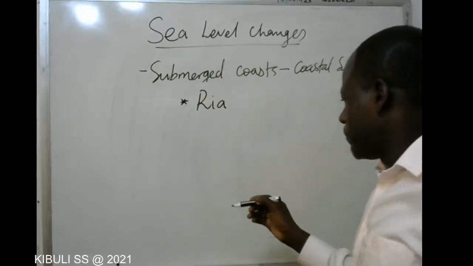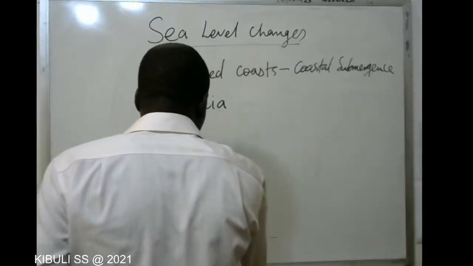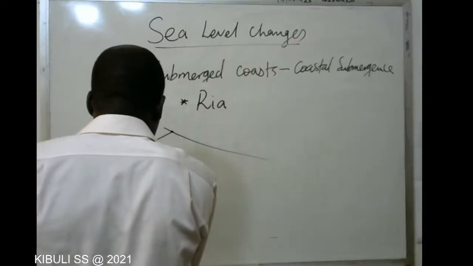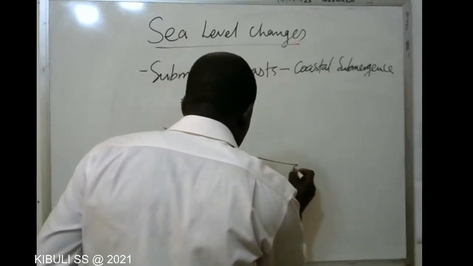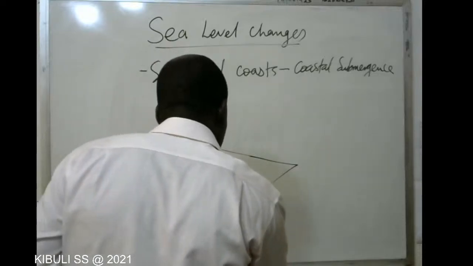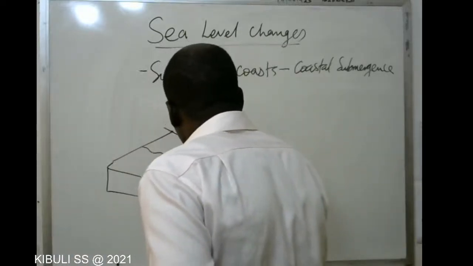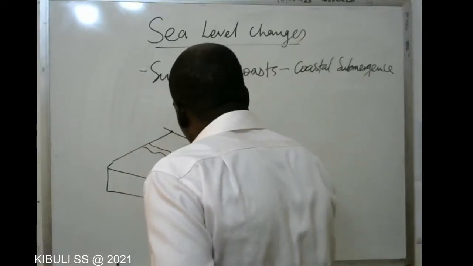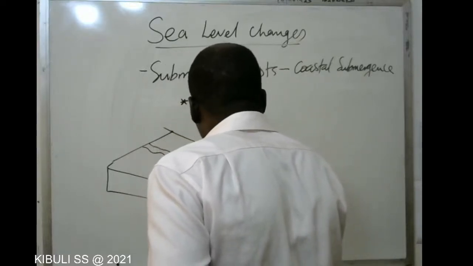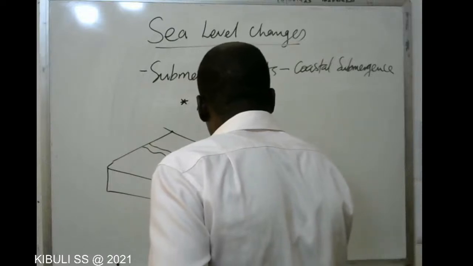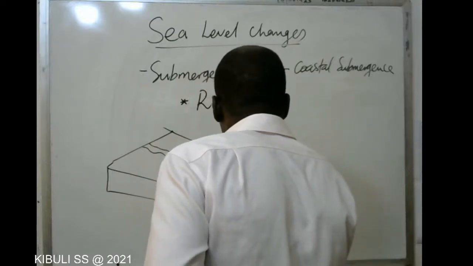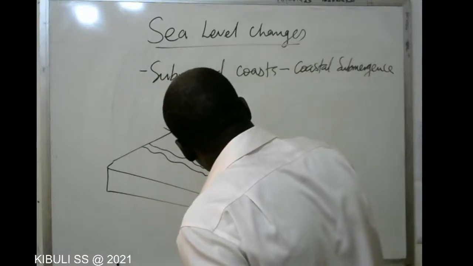If you had a coastal area, and then the sea level rises, but within this area you also have a river valley which is joining the sea. So this is our coast.